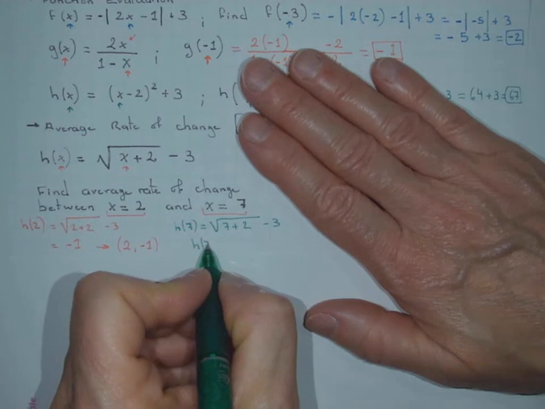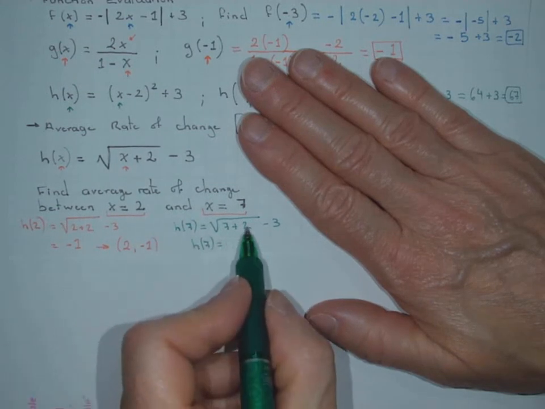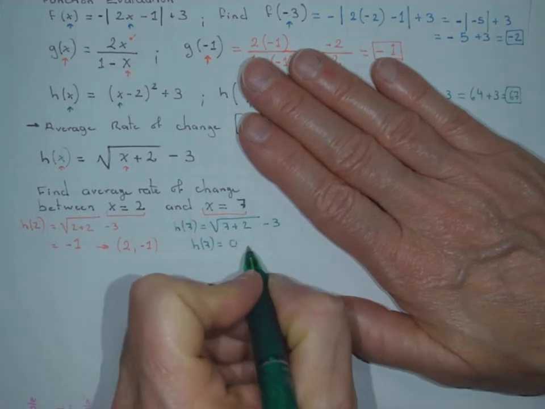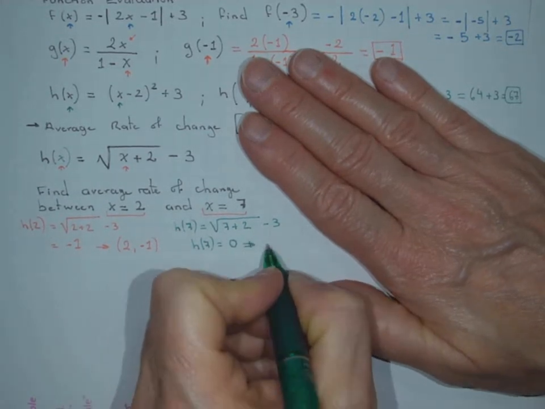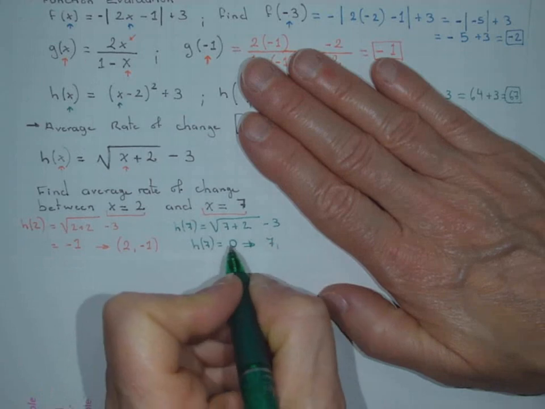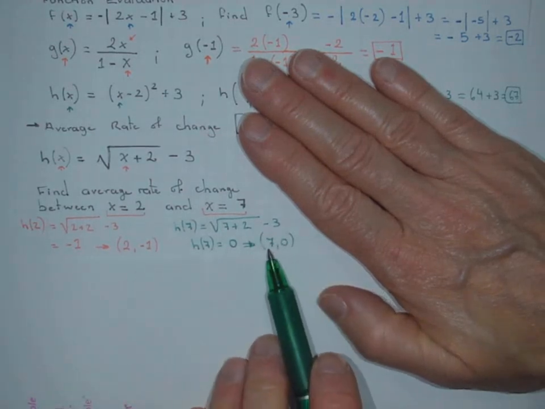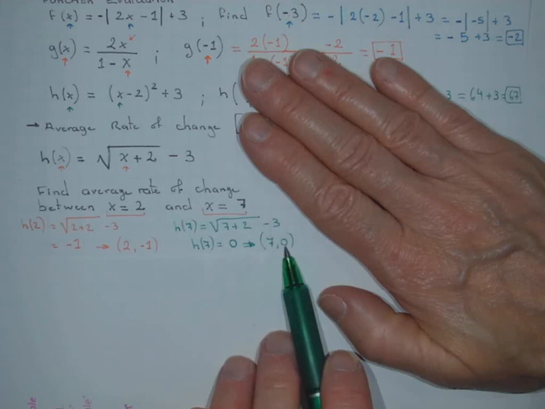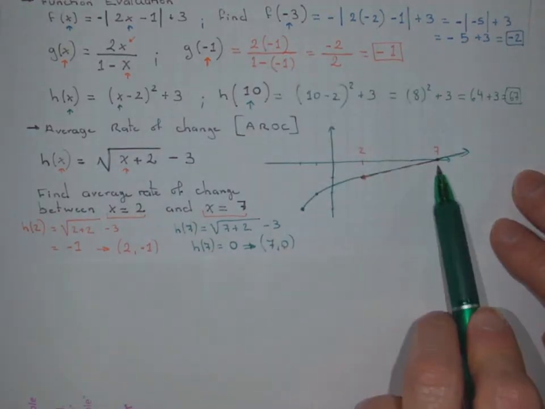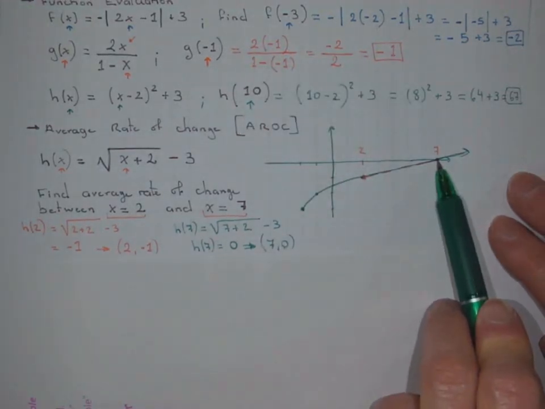So h of 7 equals 7 plus 2 is 9, square root of 9 is 3, and 3 minus 3 is 0. So what this shows us is that when x equals 7, the y value will be 0. So now let's check on our graph to see if we have a point at 7, 0. So we go 7, 0, and sure enough, we are on our curve, right?